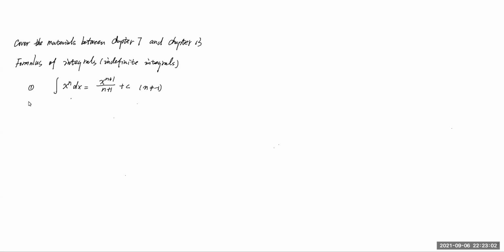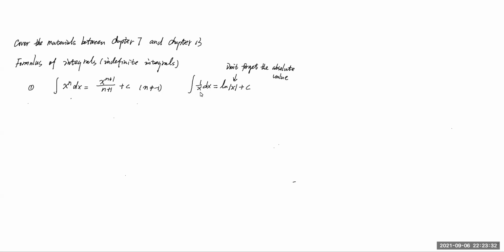And the second one is the integral of 1 over x dx. The antiderivative is ln of the absolute value of x plus c. One thing here is, don't forget the absolute value.